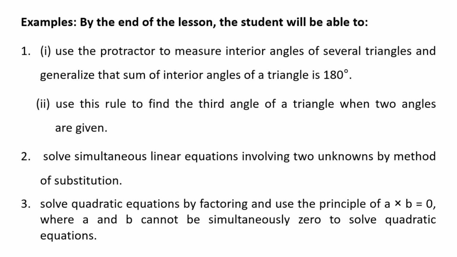So we can generalize that interior angles of a triangle sum up to 180 degrees. Another objective is to use a rule to find the third angle of a triangle when two angles are given.